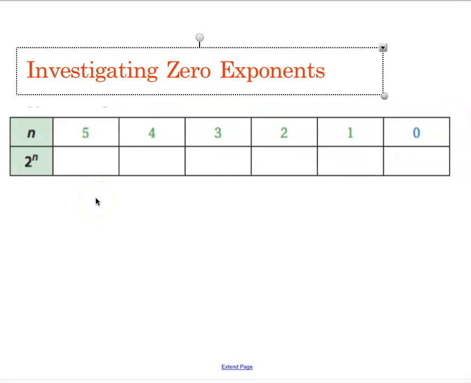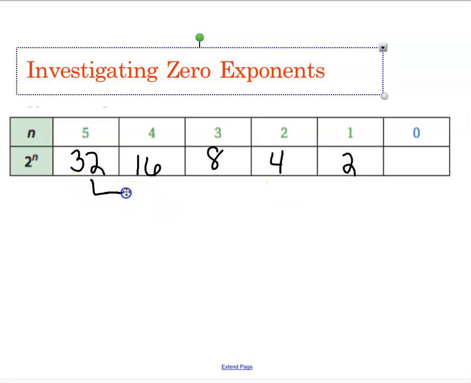Okay, so I am going to talk about investigating zero exponents. So if we have 2 to the n power and n is 5, it would be 2 to the fifth, which is 32. If I have 2 to the fourth, it would be 16. 2 to the third would be 8. 2 to the second would be 4. 2 to the first would be 2.